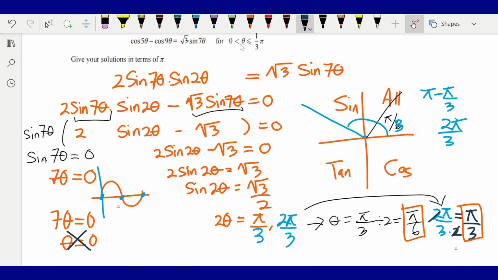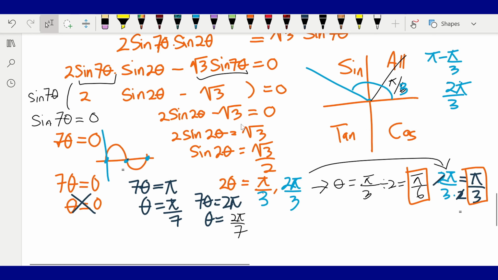Now the second possibility is 7 theta equals pi, so theta equals pi over 7, and the last is 7 theta equals 2 pi, so theta equals 2 over 7 pi.